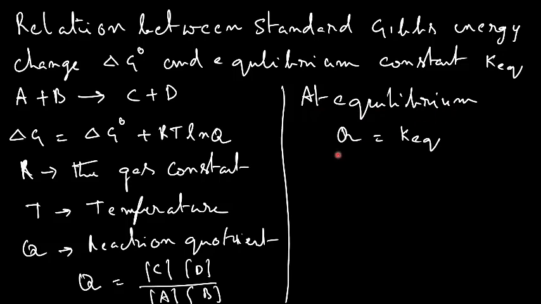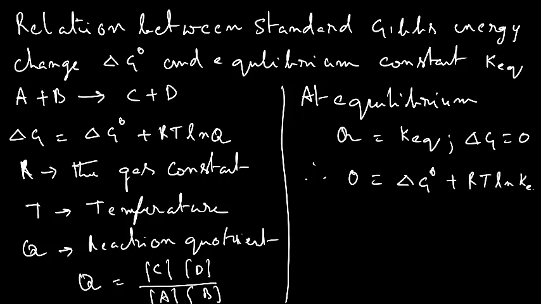At equilibrium, the reaction quotient is equal to the equilibrium constant and delta G becomes 0. So, delta G equals 0. Therefore, substitute these values in this equation. 0 equals delta G naught plus RT ln K EQ.